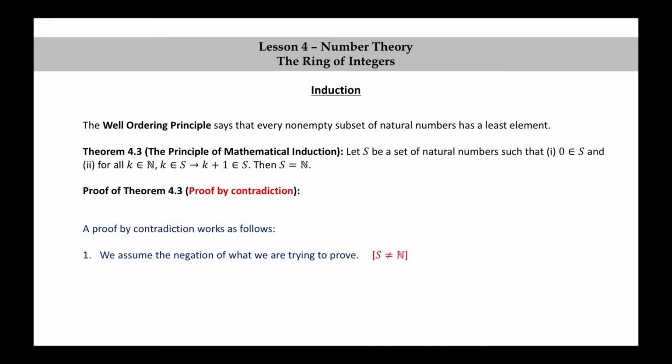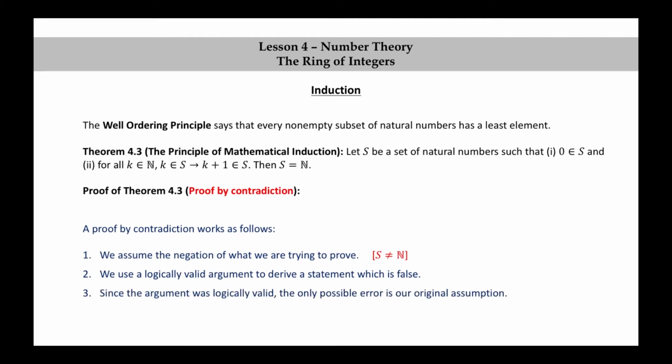In this case, since we're trying to prove S is equal to N, we're going to start with S not equal to N. We then use a logically valid argument to derive a statement which is false. Since the argument was logically valid, the only possible error is our original assumption. Therefore, the negation of our original assumption must be true.